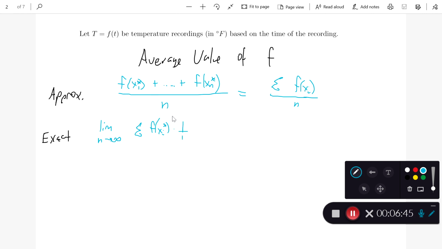I'm going to write the 1 over n over here. And don't forget, for our Riemann sum construction, that delta x, the change in x, is equal to b minus a over n. So notice how we already have the 1 over n here. We just need to insert a 1 over b minus a.